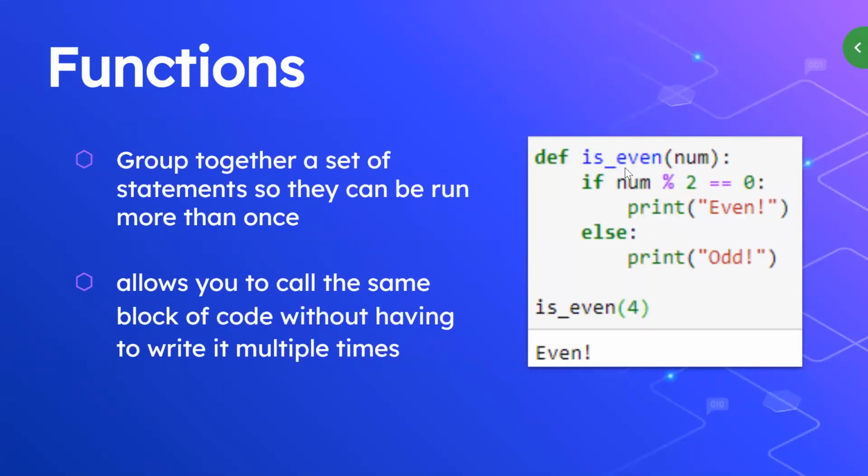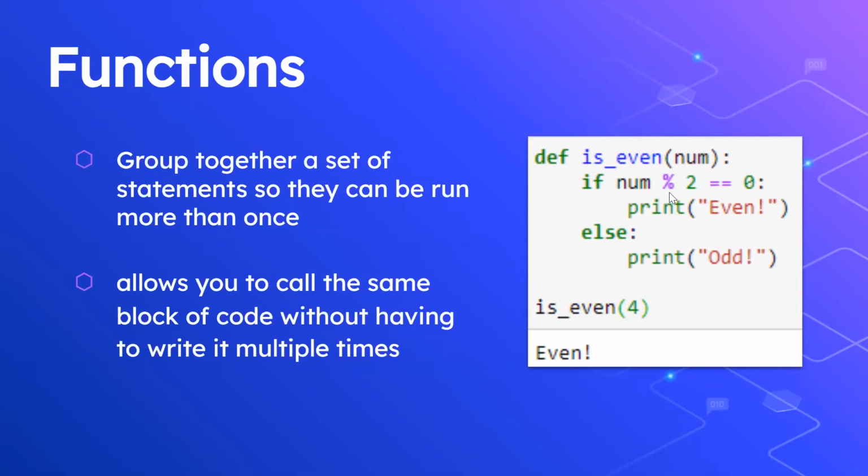This function is going to take in one argument. Now, num doesn't really mean anything. It's just descriptive for you as someone reading the code that this will be a number, but we're going to use it as a placeholder for when we actually use this function and input something.